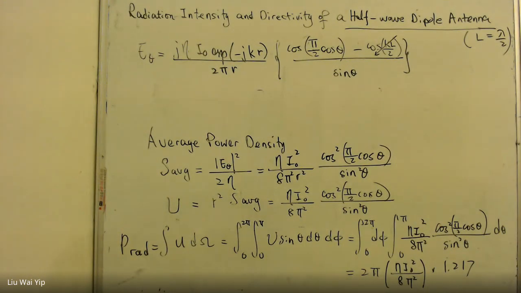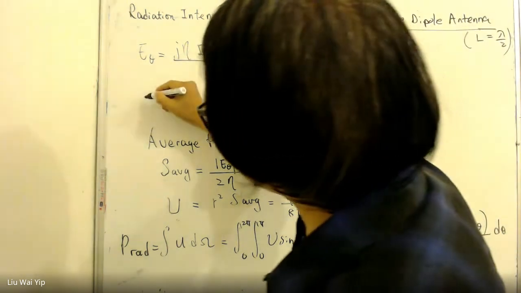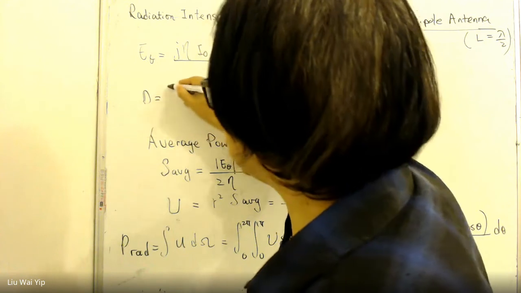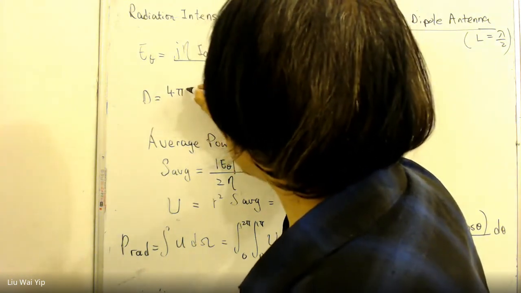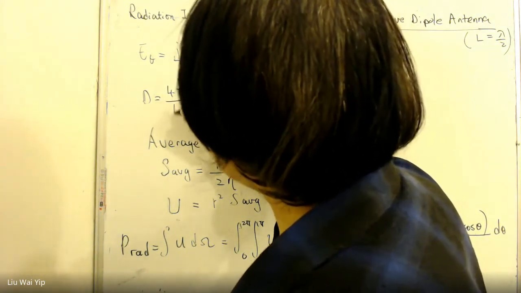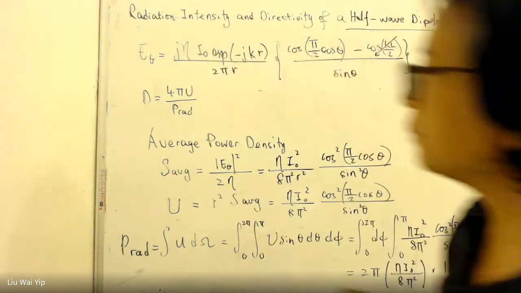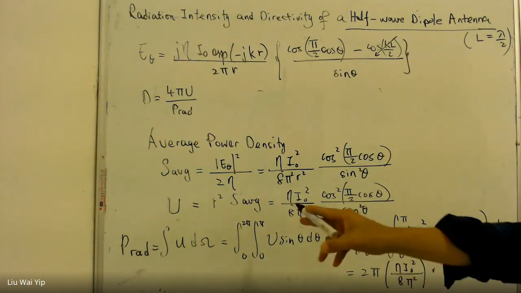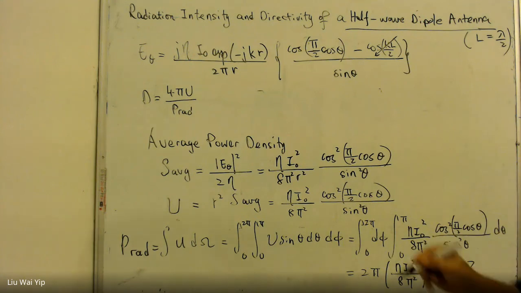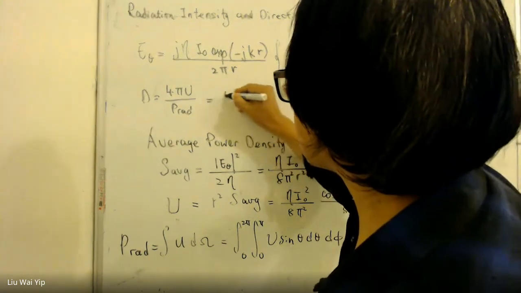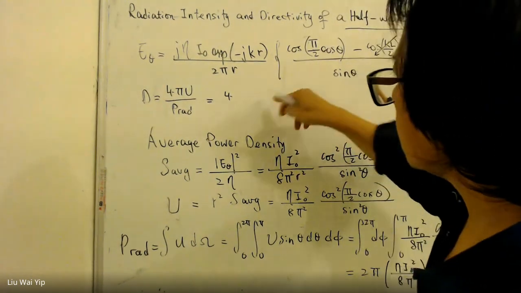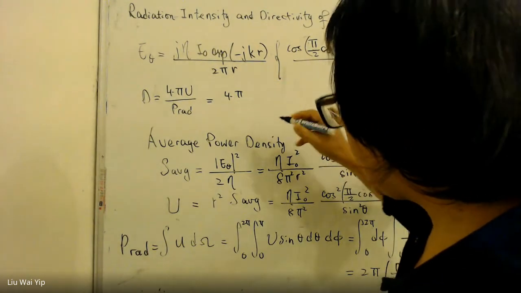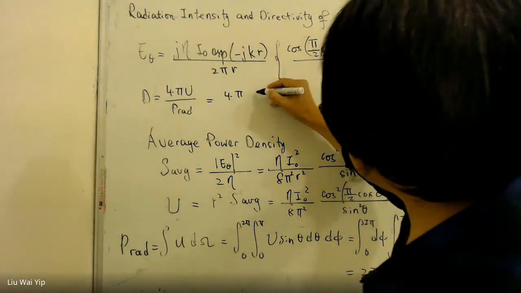And how about the directivity? Do not forget that the formula for the directivity is 4 pi U divided by the radiated power. We have already got the expression for U, so you just copy the expression here.